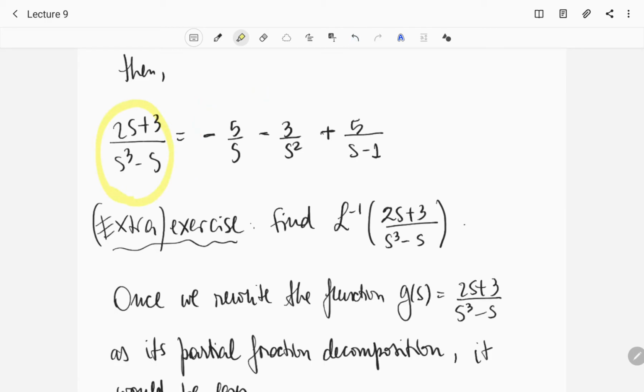If we look at the original function, I have no idea how to compute its inverse Laplace transform. But if you look at each piece, there are some numbers, like 5, 3, 5. And if you remember the first part of the lecture, we know that the Laplace transform of the function 1 was 1 over s.